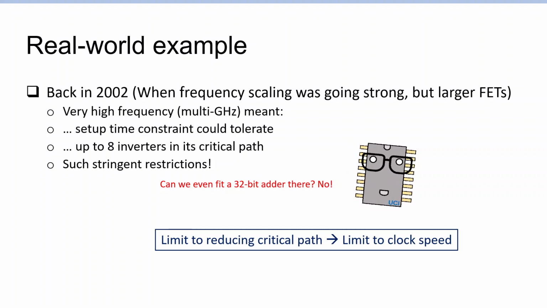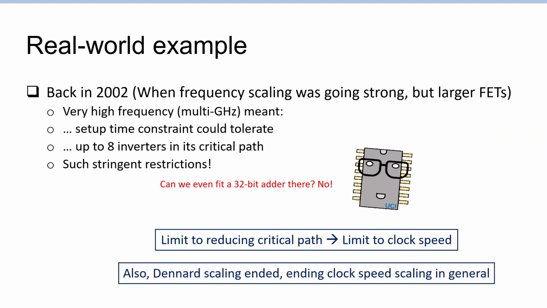Given a particular point in time and a particular technology node, there is a limit to the clock speed we can push, even before we start considering the end of Dennard scaling, which we talked about in one of the earlier lectures. After Dennard scaling ended, clock speed scaling ended in general, but even before that happened, due to these timing constraints, there was a pretty hard limit to how far we can push the clock speed.